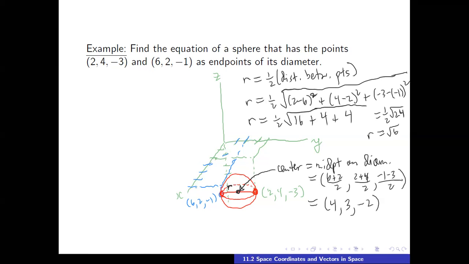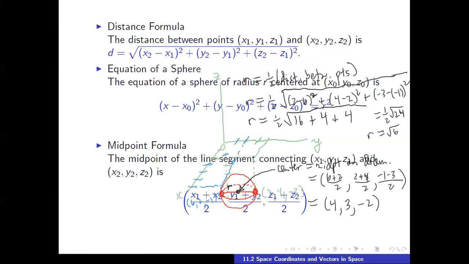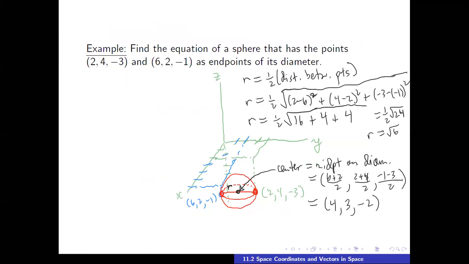So what's the formula for the equation of this sphere? Remember on the previous slide, I don't know if you can see it there, but it's x minus x0 squared plus y minus y0 squared plus z minus z0 squared equals r squared, yeah? So what would it be?